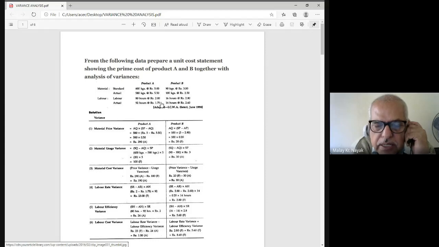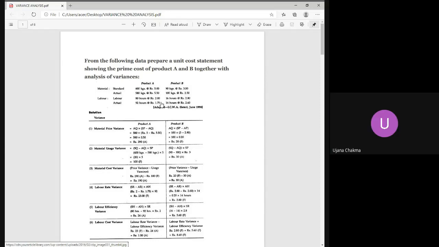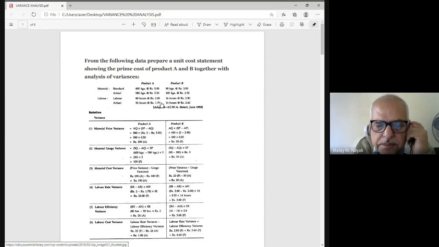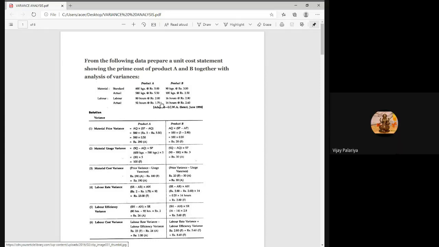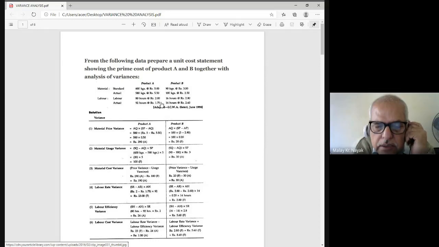AR is less than standard rate. Then is it good or bad? Good. Therefore you should write F, capital F, favorable. Do you understand, Bijoy? Yes, sir. Dikshan? Yes, sir. Clear? You should not regard minus or plus figure.